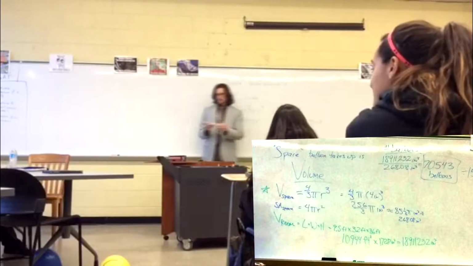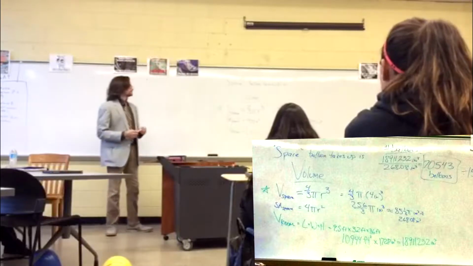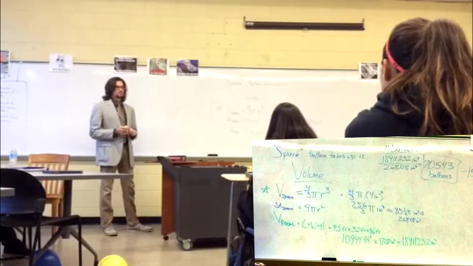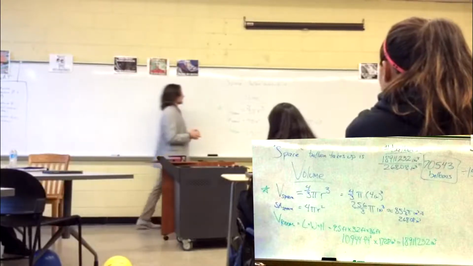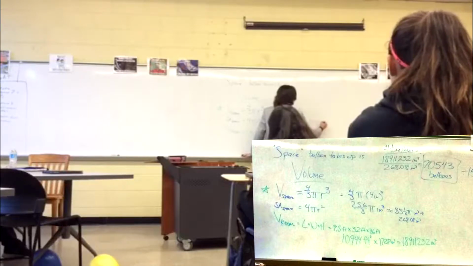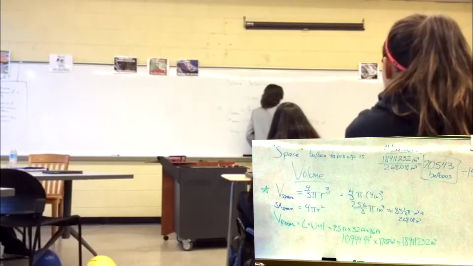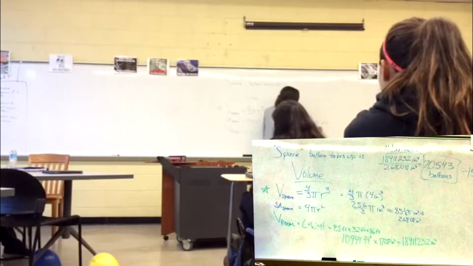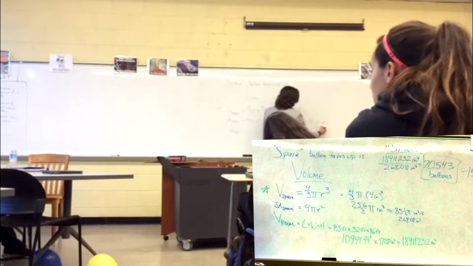So that's what that balloon is, 85 and a third cubic inches. So multiply by pi. No, it's 268.08. It's ugly.